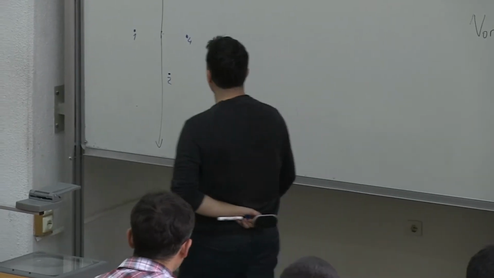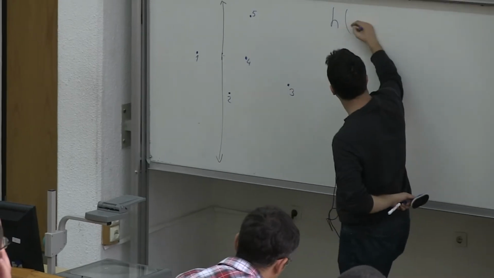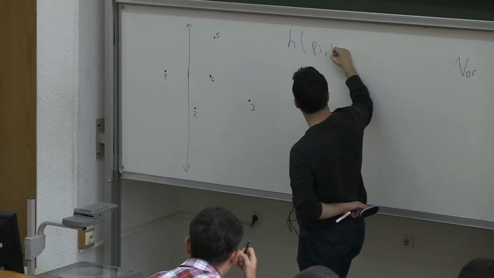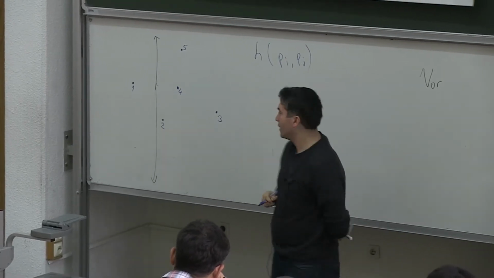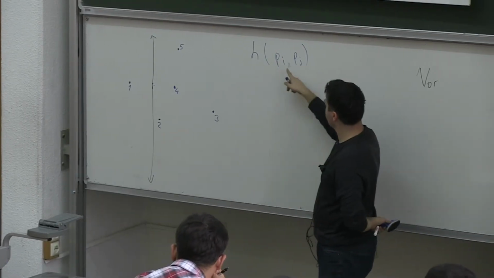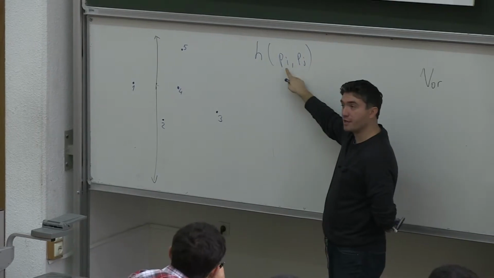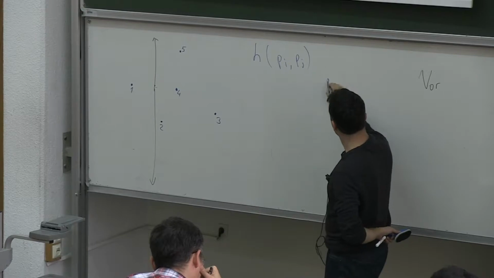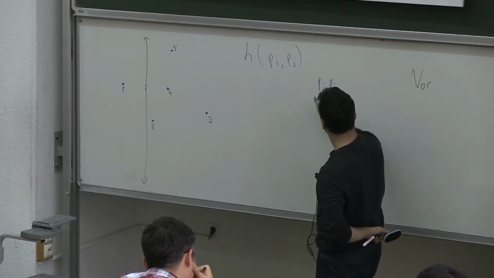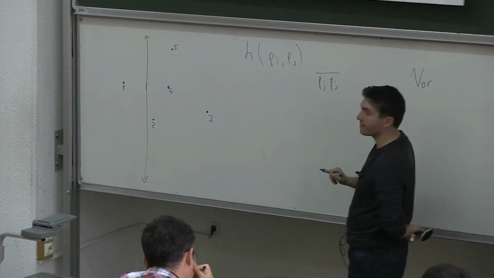Okay, the half plane, so this is the definition given 2 points. This half plane is determined by the bisector of these 2 points, the line segment between Pi and Pj.